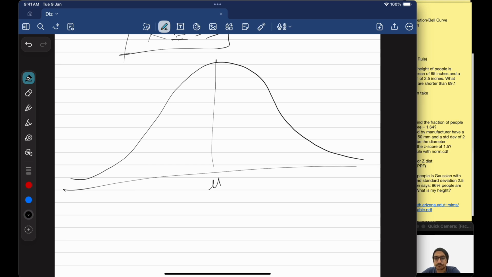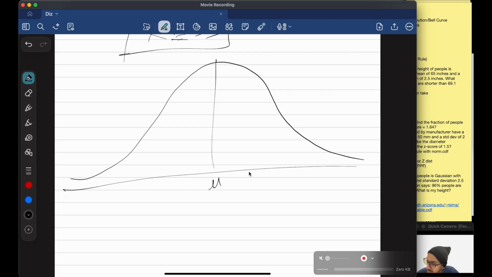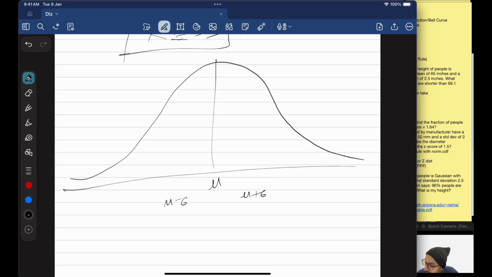And what's the question? Yeah, so if you want to verify, this is mu minus sigma, mu plus sigma, mu minus 2 sigma, mu plus 2 sigma, mu minus 3 sigma, mu plus 3 sigma. So these are the ranges.